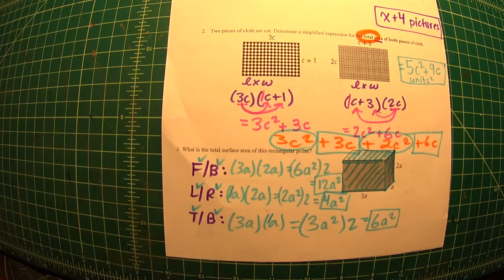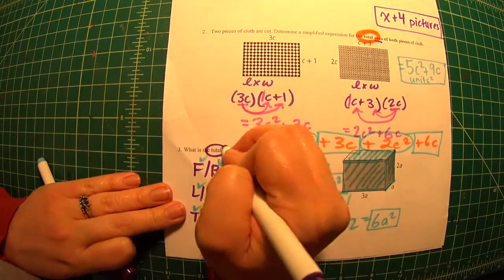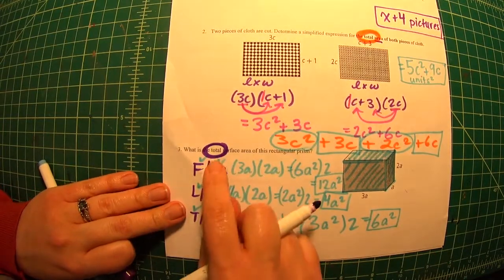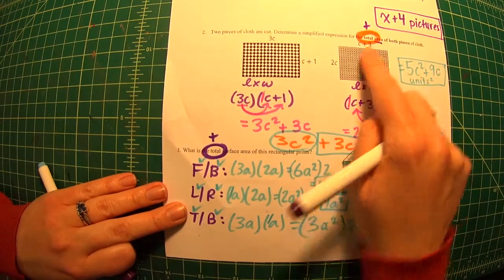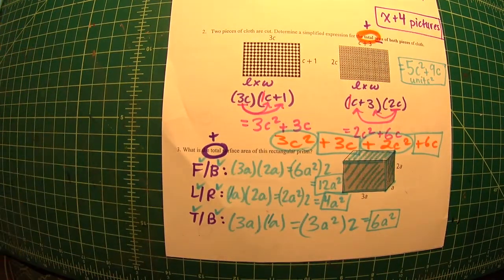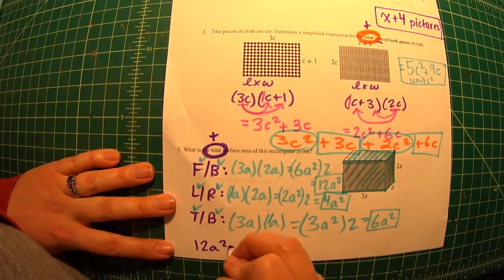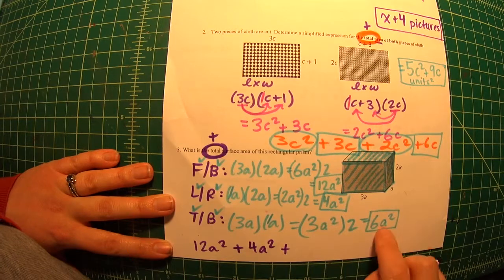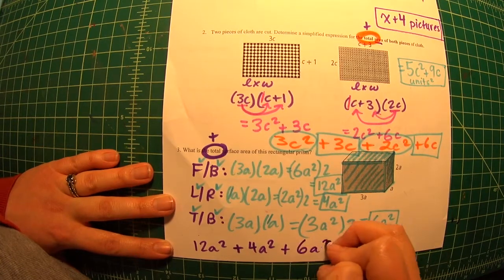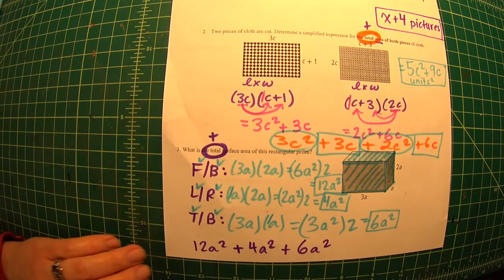The only thing I have left to do is to total them up. Again, there's that word total. Anytime you see total, it means you're going to be adding. So let's add these all up to find the total. 12a squared plus 4a squared plus 6a squared. To be able to add polynomials, I need to group like terms.